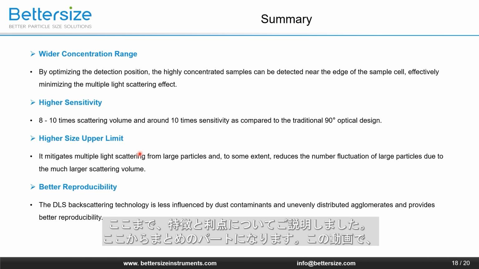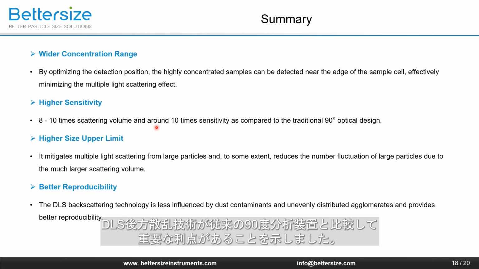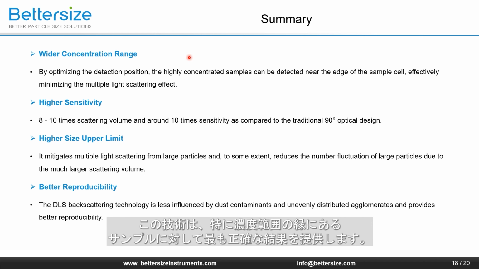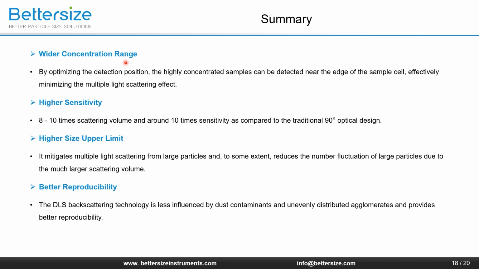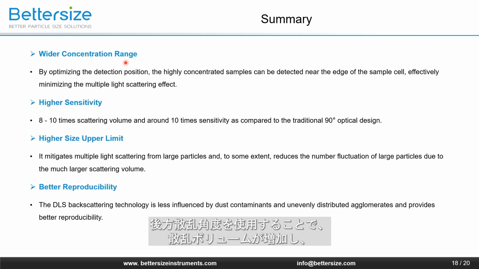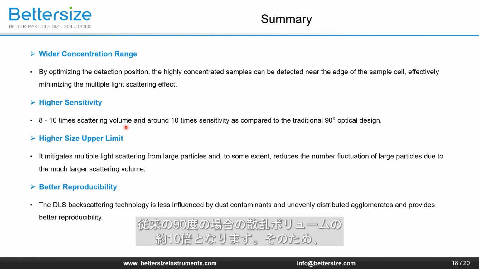This talk shows that the DLS backscattering technology has key advantages over the conventional 90-degree analyzers. This technology provides most accurate results, especially for samples on the fringes of the concentration range. By using a backscatter angle, the scattering volume is increased, which is around 10 times as large as the scattering volume of the traditional 90-degree design.